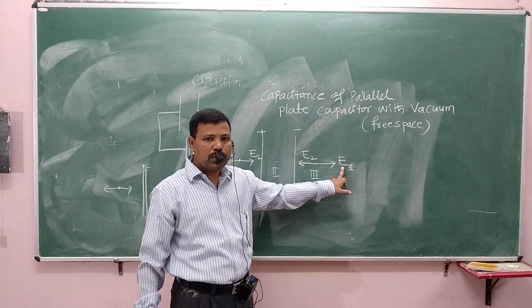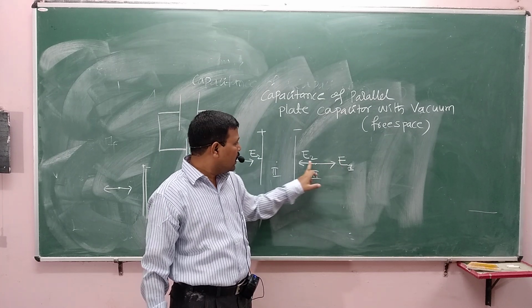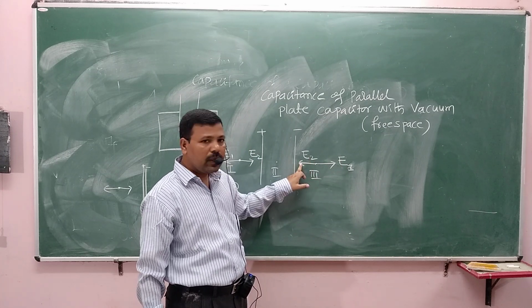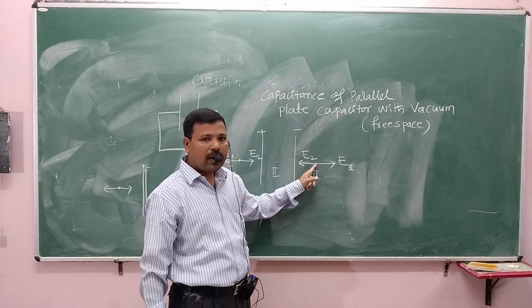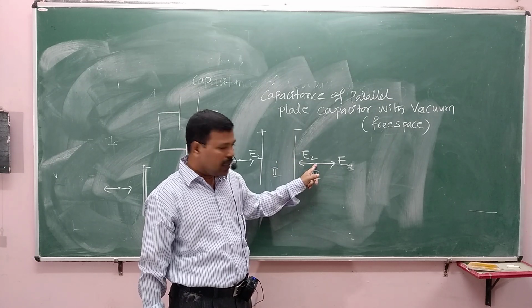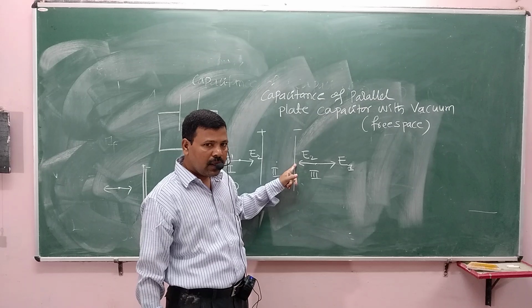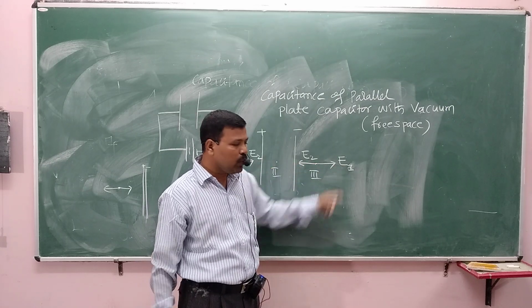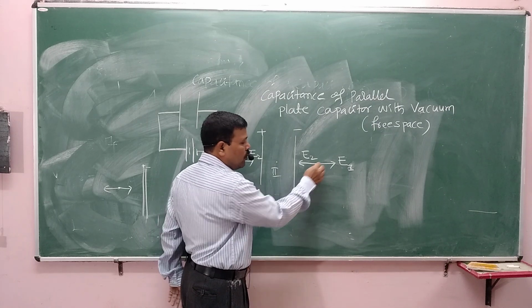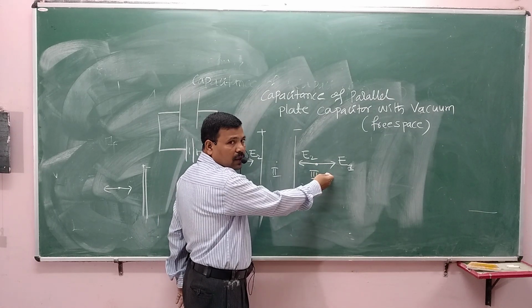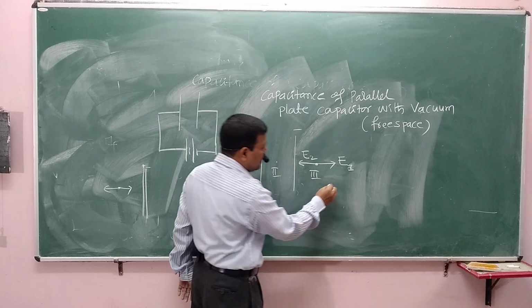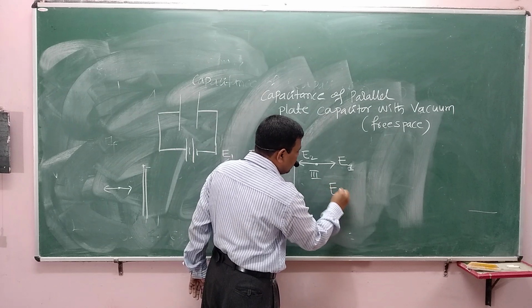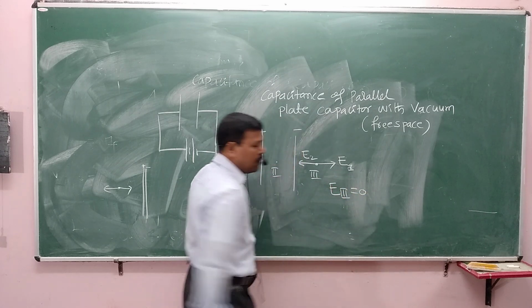For negatively charged plate, electric field is radially inward. For positively charged plate, electric field is radially outward. This is the point we have considered in the third region, where the electric field again is 0.